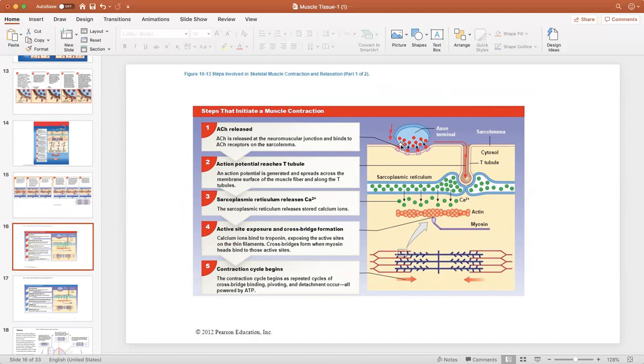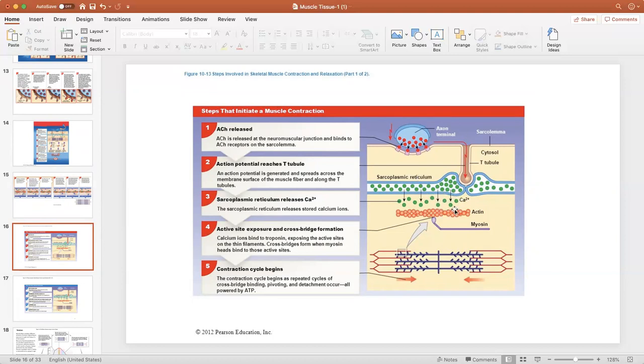This is a muscle contraction again. So we have the action potential coming down the motor neuron, releasing acetylcholine. Acetylcholine attaches to the acetylcholine receptor. Sodium rushes in, depolarizing the sarcolemma. That action potential continues down the T-tubule and excites the sarcoplasmic reticulum to release calcium.